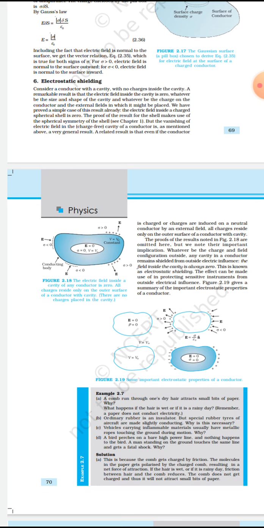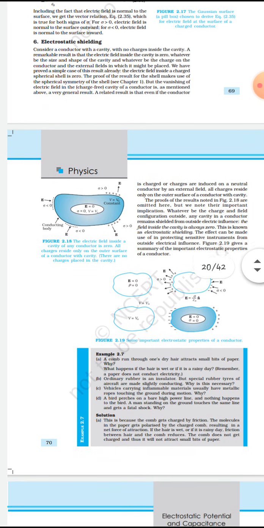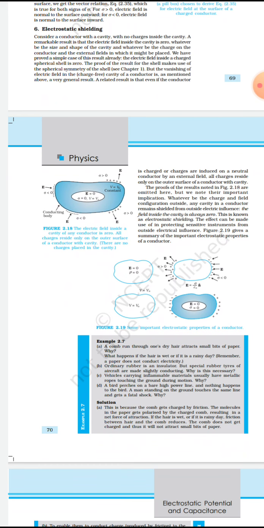The field inside the cavity is always 0, and if it is always 0, then we can call it an electrostatic shield.